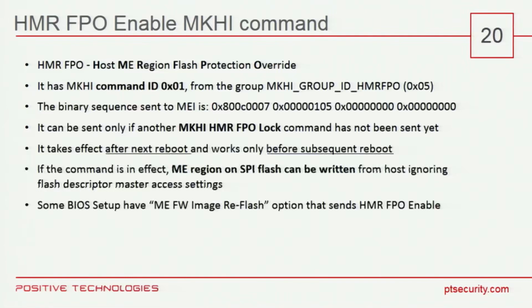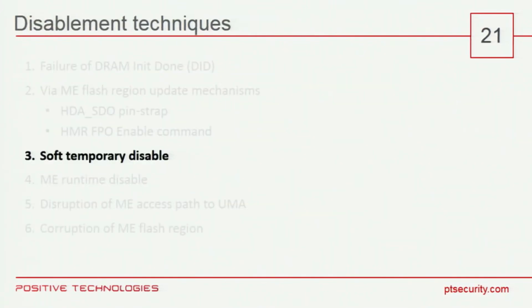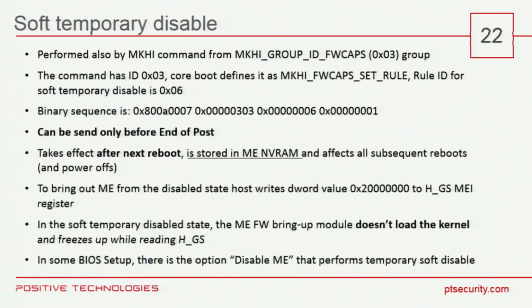It takes effect after the next reboot and works only before a subsequent reboot. Like Maxim was saying, in some BIOS we have a management engine region reflash which sends this command. Number 3, soft temporary disable.